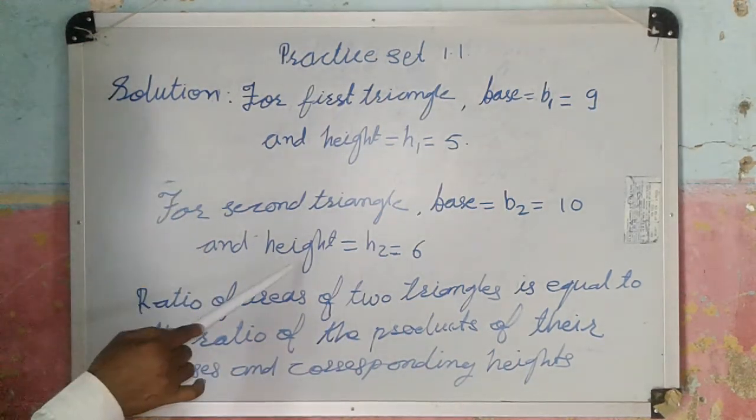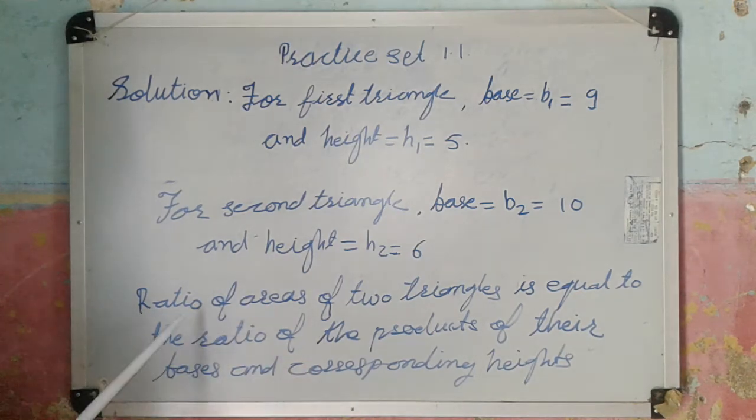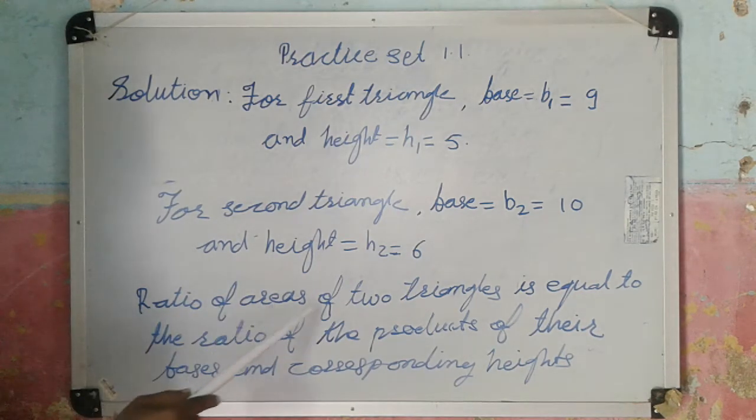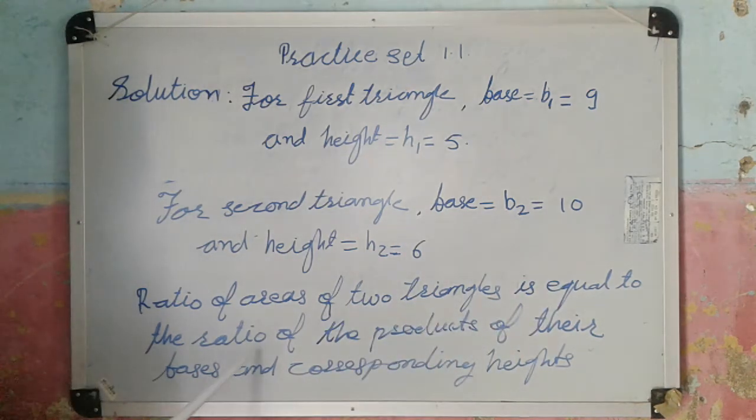Now to solve this example, we have to use this first property. The ratio of areas of two triangles is equal to the ratio of the products of their bases and corresponding heights.